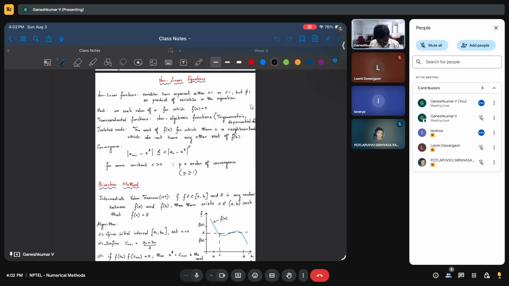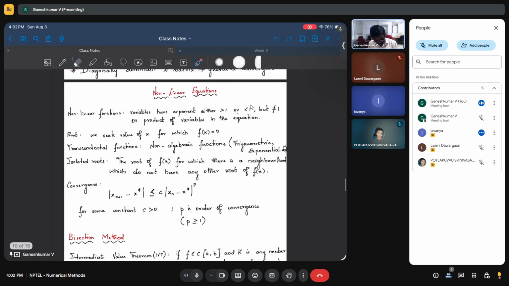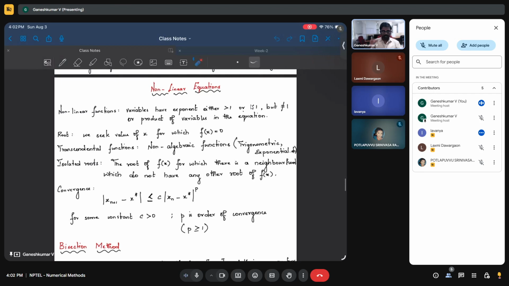As I said, we discussed nonlinear equations, and I hope we know what they are. Nonlinear equations will have dependent variables multiplied together, or non-algebraic functions, something like trigonometric, exponential, hyperbolic.